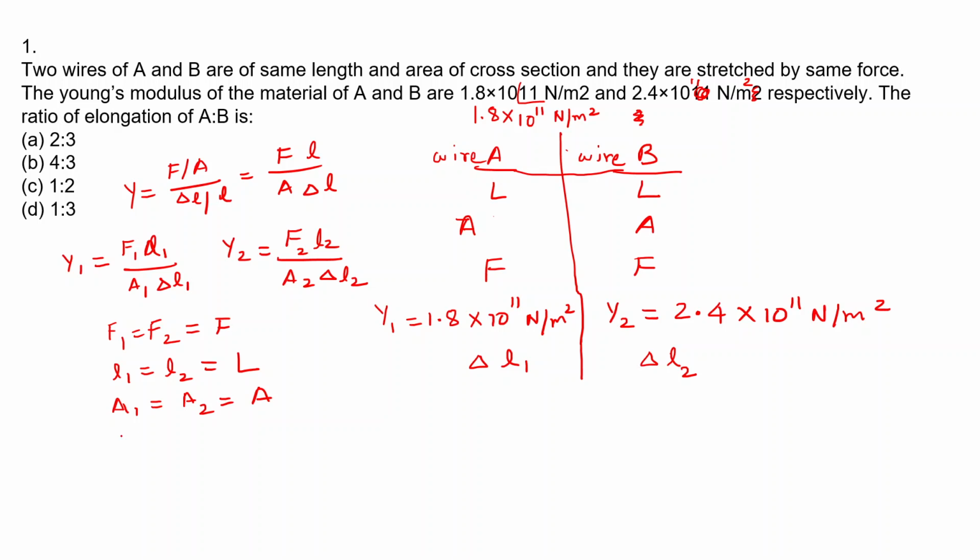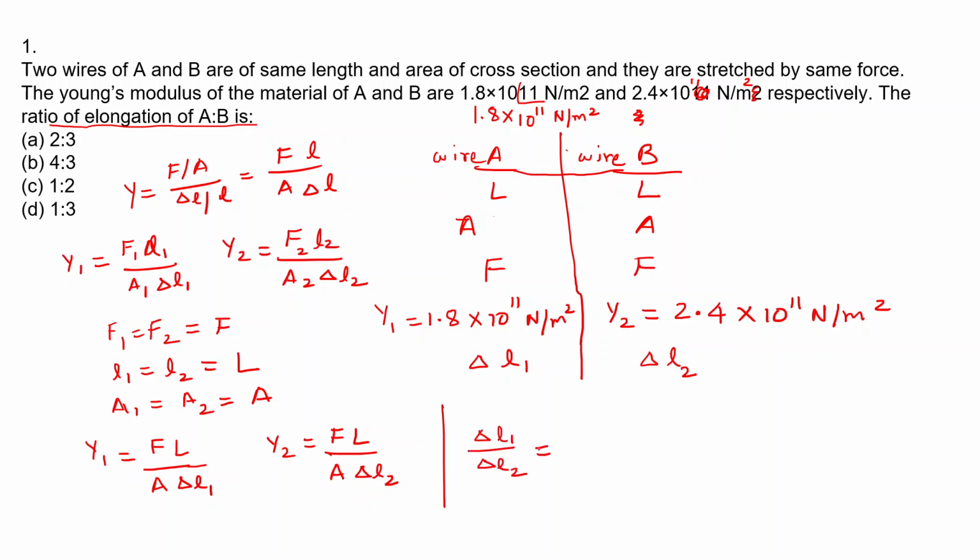Putting these values here, I will get Y1 is equal to F L divided by A delta L1. For Y2 it will be F L divided by A delta L2. Now I have been asked to calculate the ratio of elongation of wire A to wire B, that means finally delta L1 divided by delta L2 is what I need to find out.